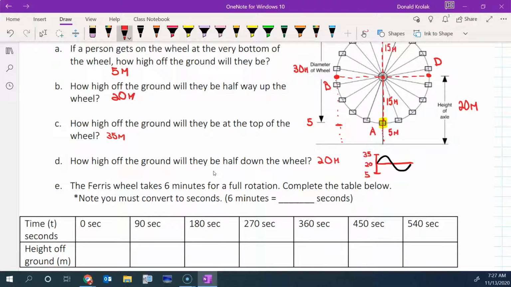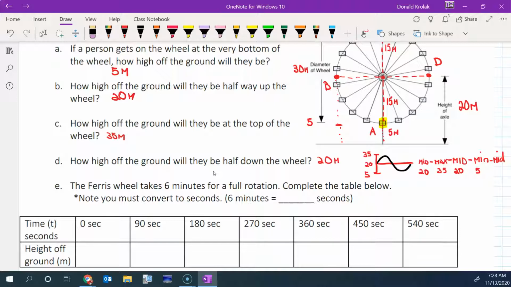And for sine, our pattern goes midline, max, midline, min, midline. So when we're filling out our chart here, our heights are going to go 20, 35, back to 20, down to 5.